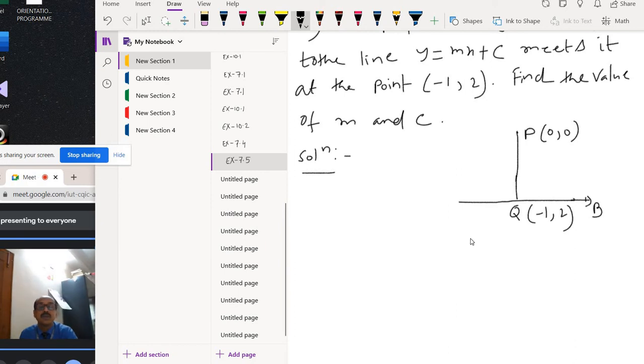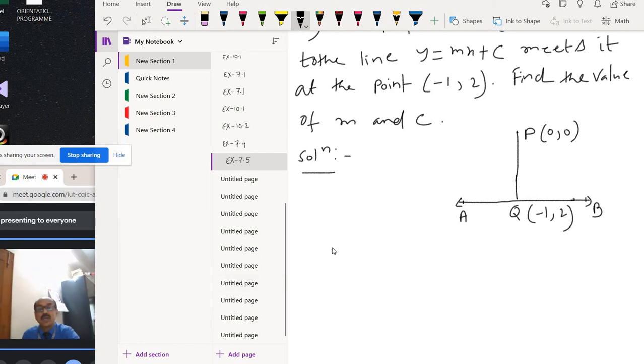This is B and this is A. So first find the slope of the line PQ, or directly you can find the equation of the line PQ.